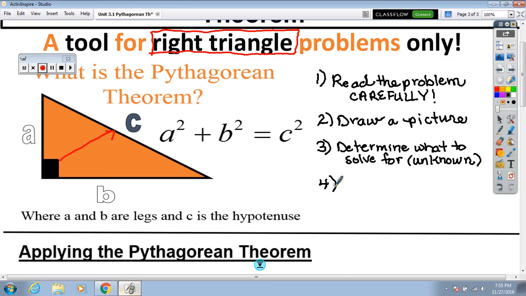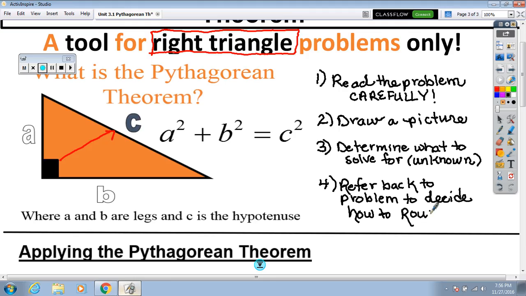Once you determine what to solve for, you will refer back to your problem to determine how to round. And we know we can get decimals for our answers.